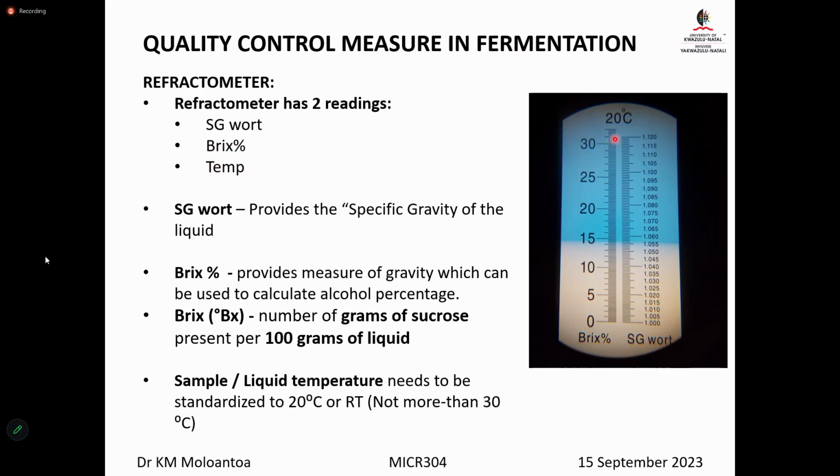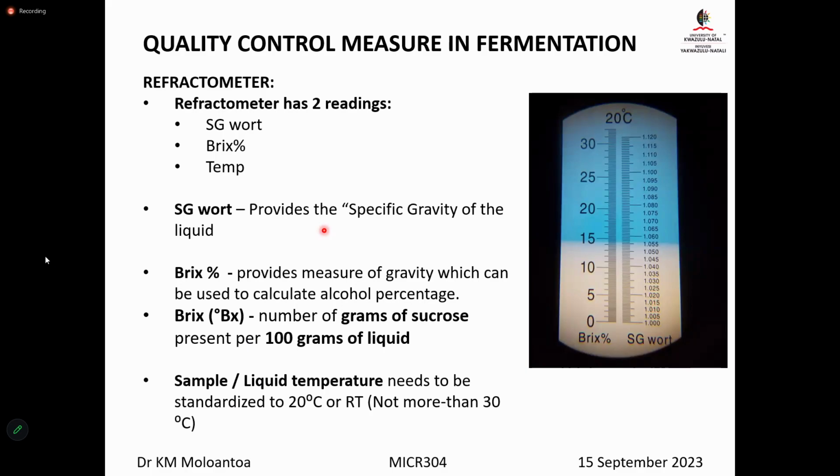If you've got higher temperatures, more than 30, for an example, it will not give you accurate readings because most of those are still not settled. So that's why you need to put the temperature down to around 20 to 30, and then you can take your readings thereafter. Okay. So SG wort provides the specific gravity of the liquid, which is what you'll be adding there. And then the Brix percentage provides the measure of gravity, which can be used to calculate alcohol percentage, right?